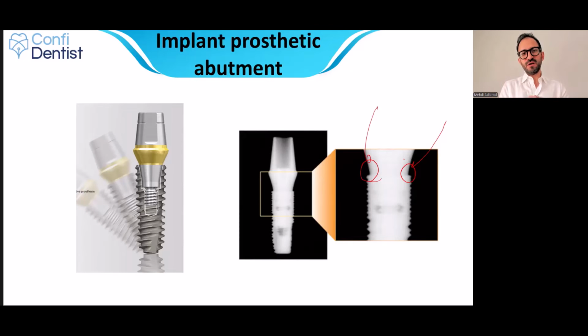But by far, the most important part of the implant fixture that you should be able to tell, super important, is the implant fixture prosthetic platform. The prosthetic platform is where the implant crown, and when I say implant crown, I include the prosthetic abutment, sits on the implant fixture.